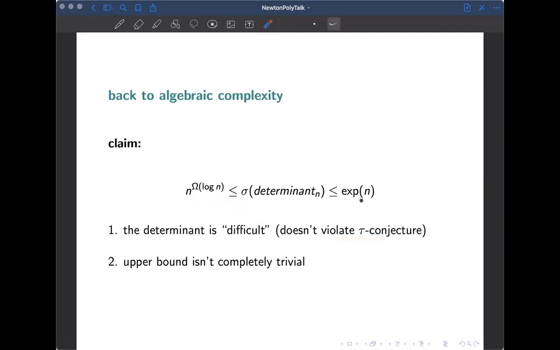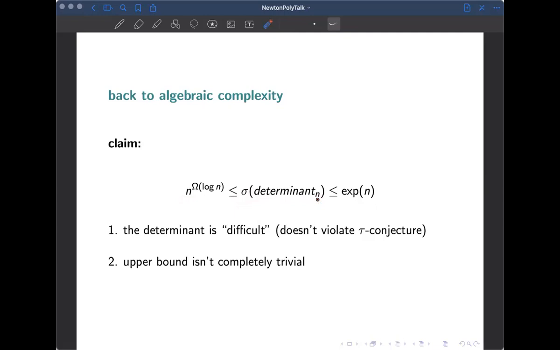To violate the tau conjecture, we need a lower bound that is closer to exponential in n, because this is the specific way the conjecture is built. Okay. So this lower bound does not violate the tau conjecture, but it shows that the determinant is not super easy in some sense.